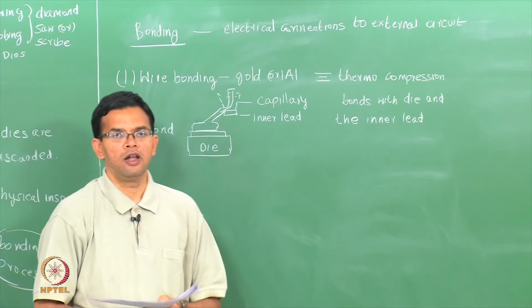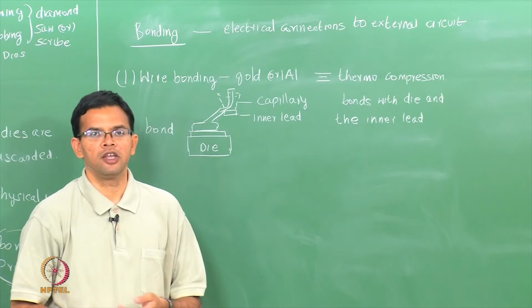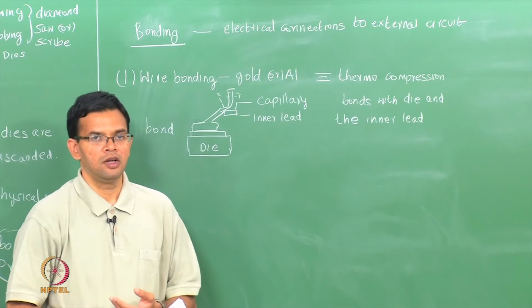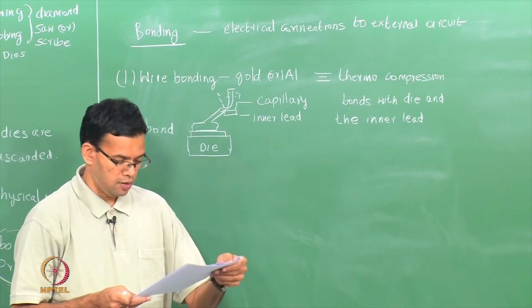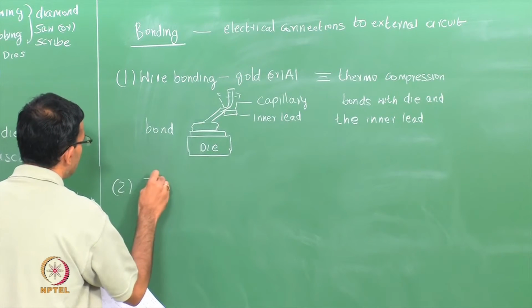In the case of aluminum, you could use a similar process. Sometimes an ultrasonic agitation is also used to form a bond. In that case it is called a wedge bond, but a similar bond can occur. We also have something called a tape bond.